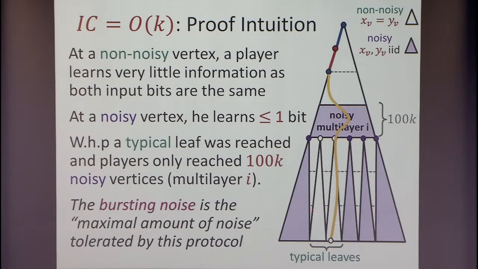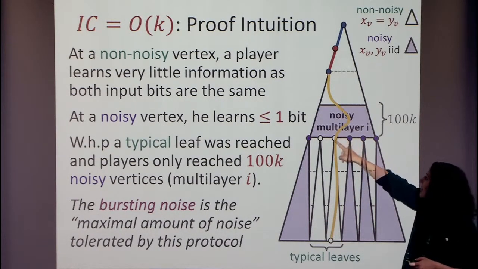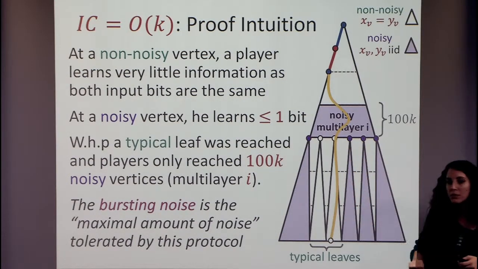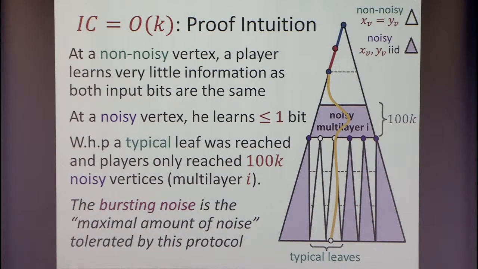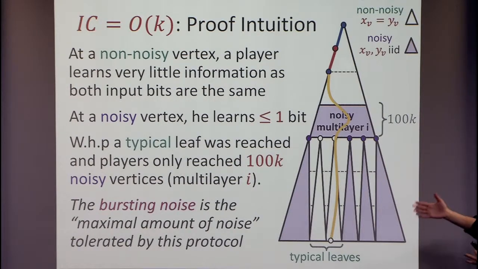If everything here was noisy, then this path will encounter too many noisy vertices, and then the information will go up. So we must make sure that everything in here is non-noisy. If the path needs to go through here, this needs to be non-noisy to not incur high information cost. So that's the bursting noise for the lower bound, but we need to make sure that the upper bound still works. And this is the reason we have this tapestry of noises on the bottom.